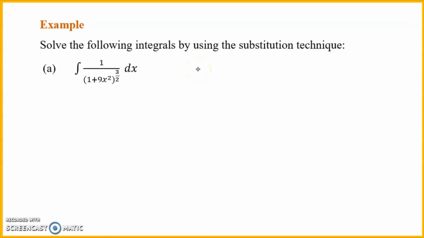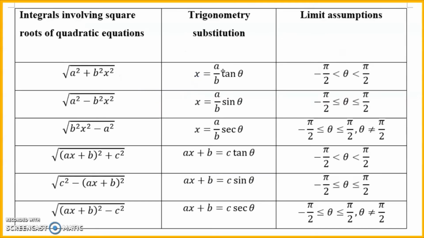The denominator for this problem is actually equal to the square root of 1 plus 9x squared, to the power of 3. So we couldn't solve this directly and we have to use the previous tables that we have looked at. In this case, we have something like a squared plus b squared x squared.